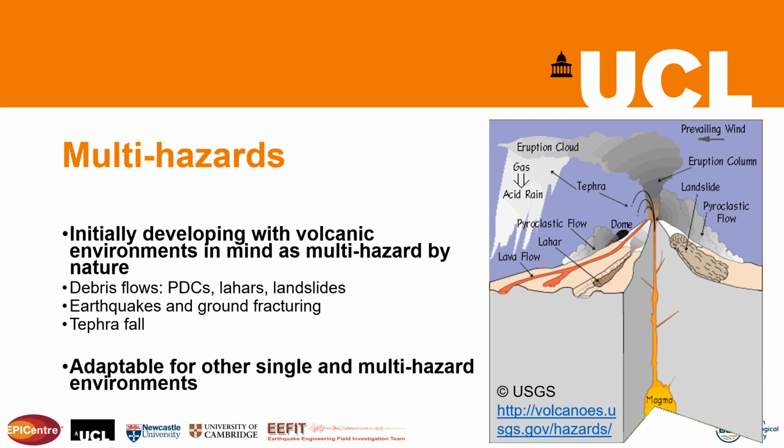In times of unrest, we can have earthquakes associated with the movement of magma, with ground fracturing. And then there are hazards very specific to volcanoes, like tephra fall. But the point is that when we create dictionaries for these, they can be quite easily adapted for other single and multi-hazard environments.